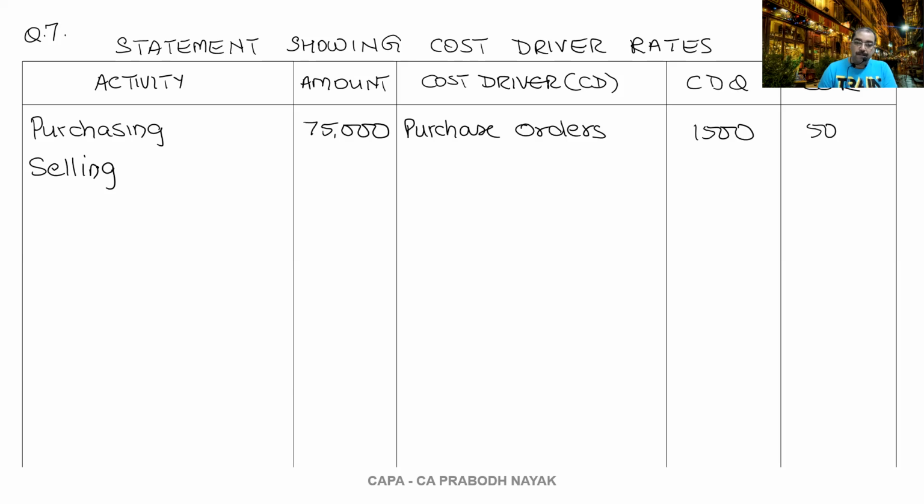Second activity is selling. Total amount is 1,12,000. Here the cost driver is batches produced. 2,800 cost driver quantity. So 1,12,000 divided by 2,800, 40.